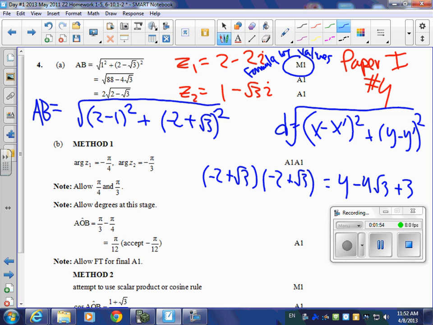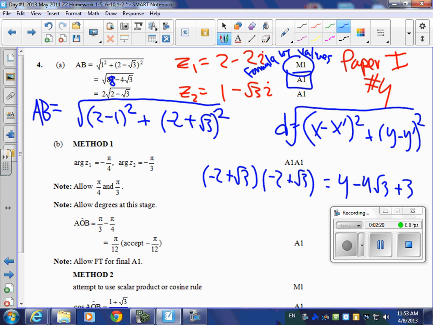Okay? So when I add those together, I'm going to get 7 minus 4 root of 3. Oh, it's 8 because you're adding the 1. Yep. Good. So notice that that's worth a mark because you did one step of simplifying.